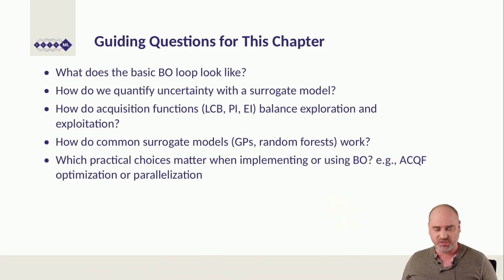So we'll take a look at Gaussian processes and also at random forests, and especially their uncertainty estimation, because this is not completely obvious for that model class. And we'll also discuss a few slightly more advanced variants of Bayesian optimization that matter in practice. So especially how do we optimize the acquisition function and how can we create parallel versions of Bayesian optimization.